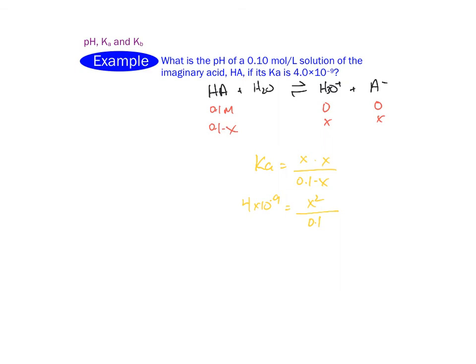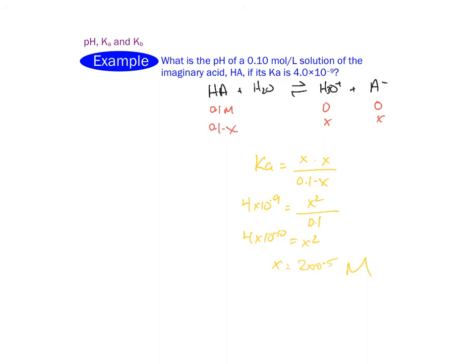Doing some multiplication, we're going to get 4 times 10 to the negative 10 equals X squared, which means we could take the square root to figure out what X is, and we're going to get 2 times 10 to the negative 5. That's the concentration that we get for the value of X.